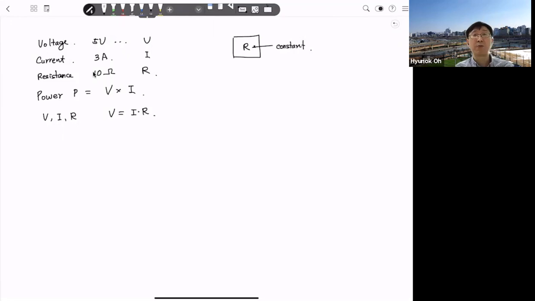After we make the chip, the resistance part is not changing. So here we are providing the voltage. If we change the voltage, then power consumption will be different. So power is VI, and I is V over R. So power is V square over R, right?